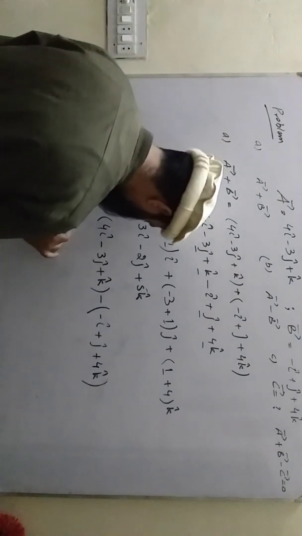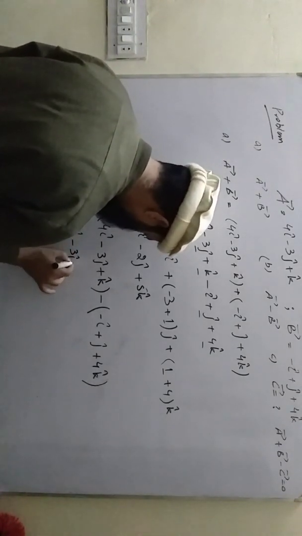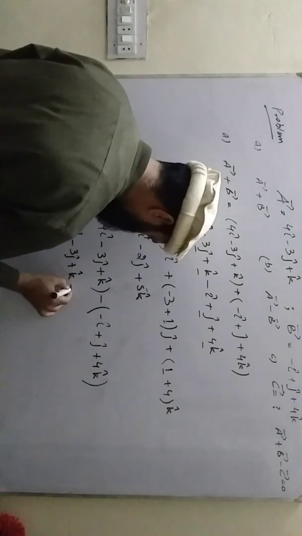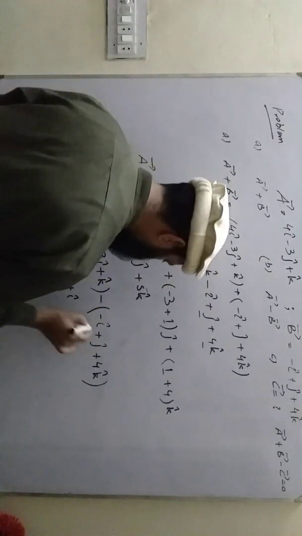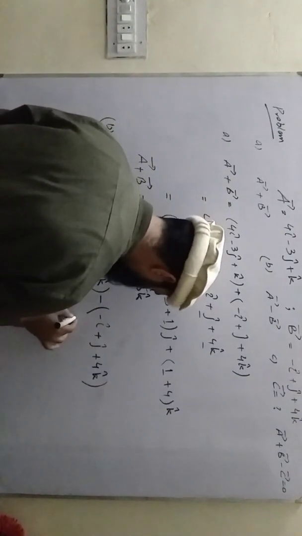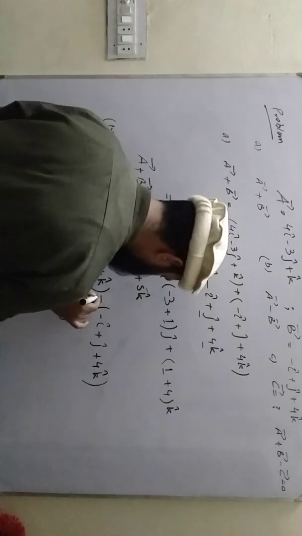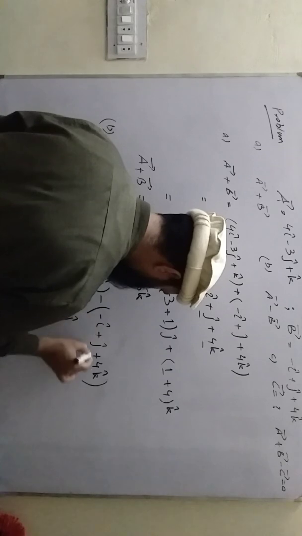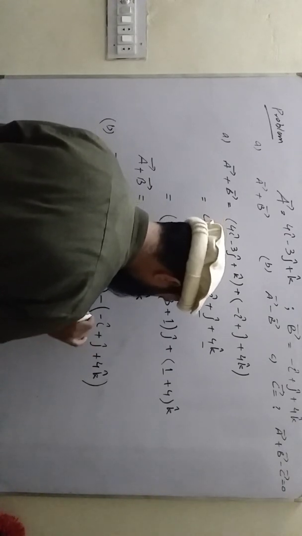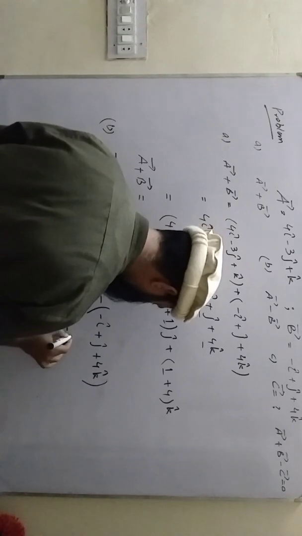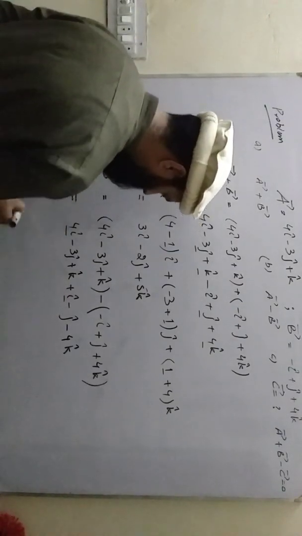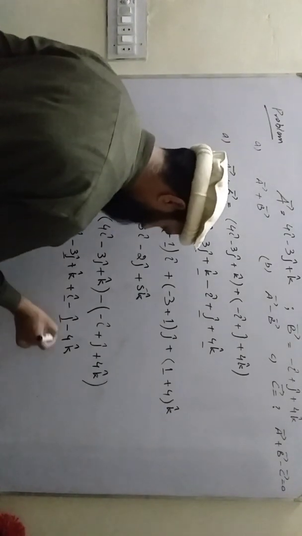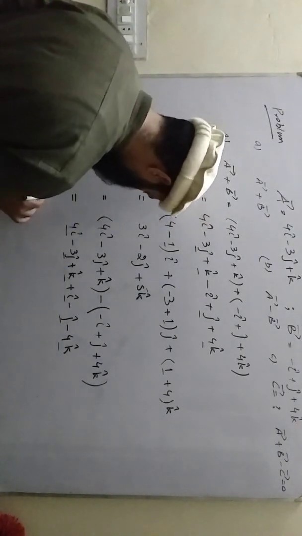Again open the brackets: 4i minus 3j plus k minus, and minus minus i, plus j. This minus sign changes the plus j into minus j. The minus sign changes the sign of each term. The plus 4k becomes minus 4k. Again we combine the coefficients of i, j and k.